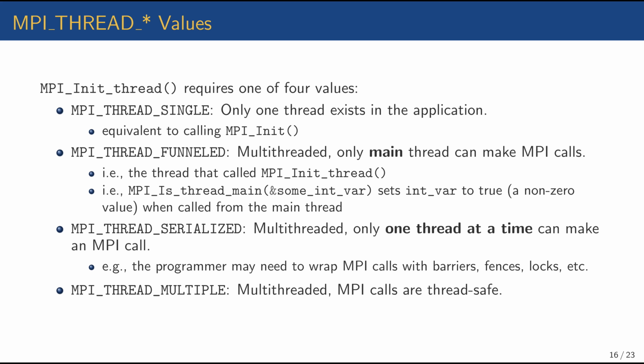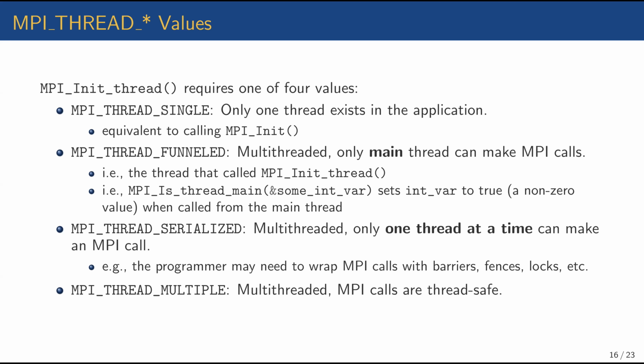MPI thread serialized means it's multi-threaded, but only one thread at a time can make an MPI call. So if you are using OpenMP, then you need something like pragma OMP single, for those of you who know what that is. Or you have to use barriers, fences, locks, whatever, to serialize your MPI calls.